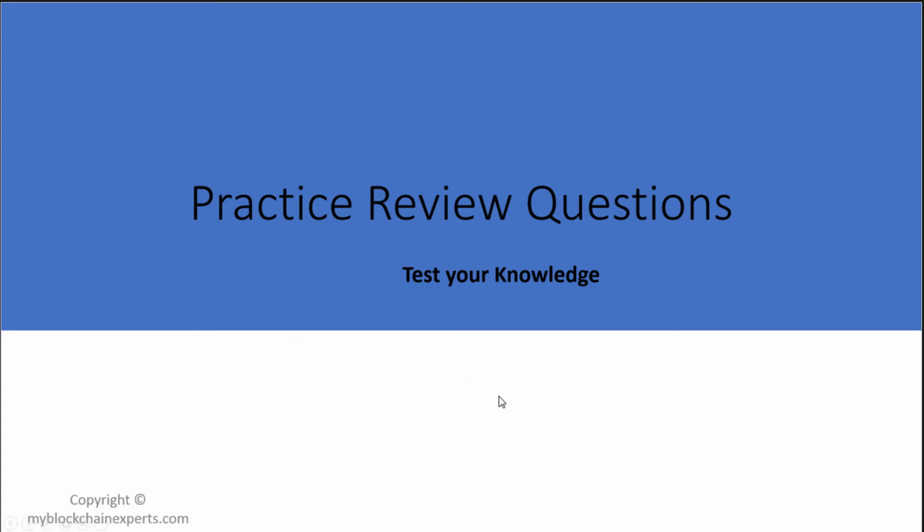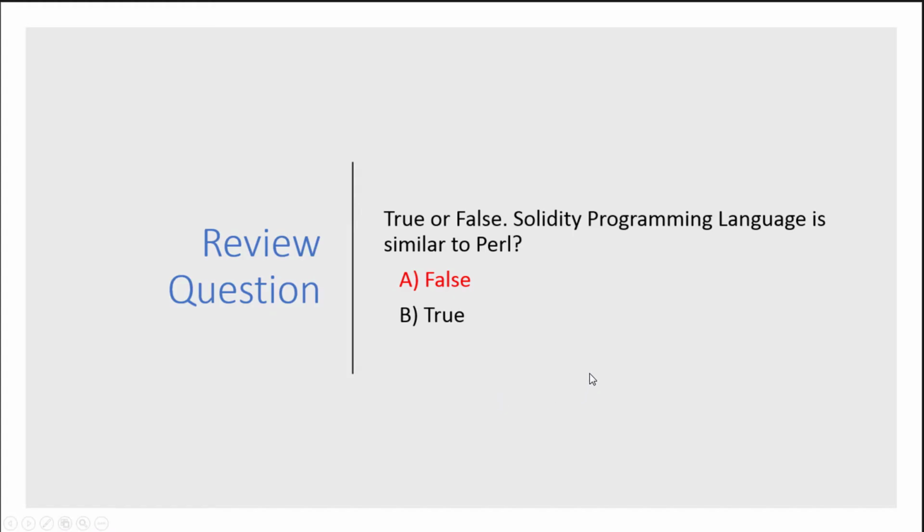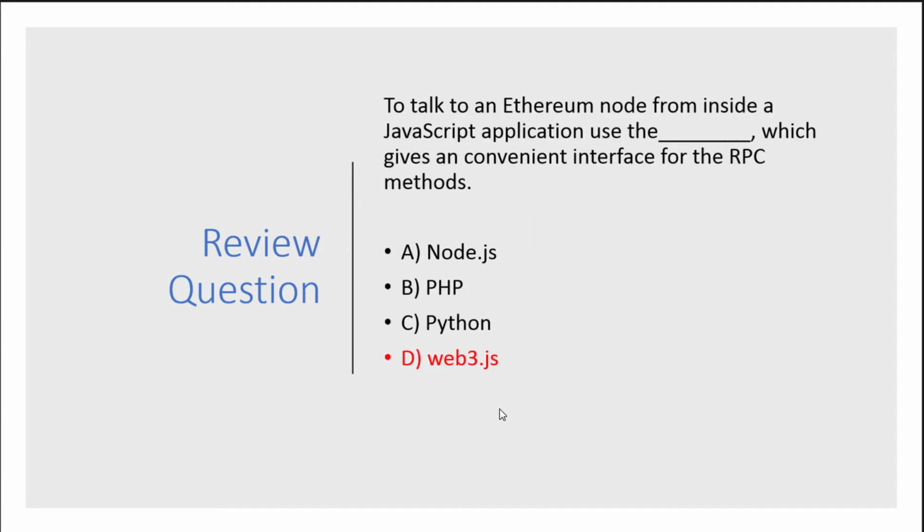All right, let's go ahead and test our knowledge here. When it comes to Solidity programming, is it similar to Perl, for example? No, it's not similar to Perl at all. Remember, it's very similar to, for example, JavaScript or C. When it comes to talking to an Ethereum node from inside a JavaScript application, you want to use what interface?